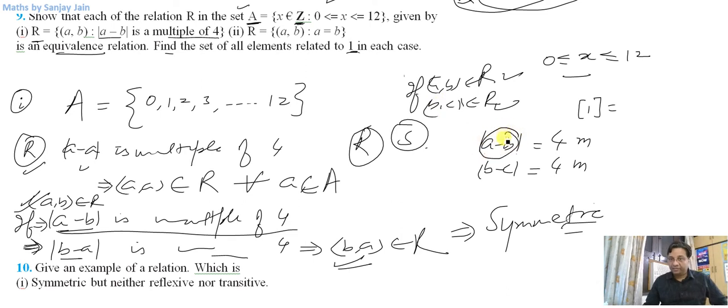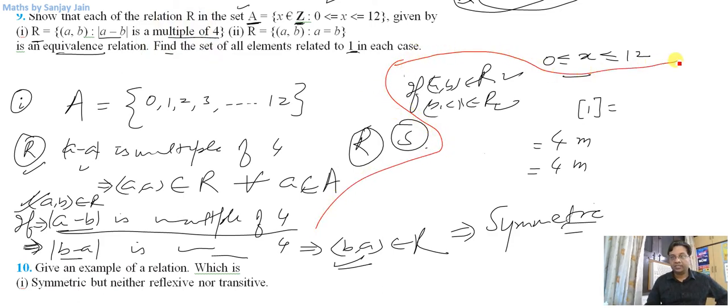So A minus B will surely be a multiple of 4. Let us remove this mod also; we don't require it. You need to focus your attention only on this part, because I am working on its transitivity.